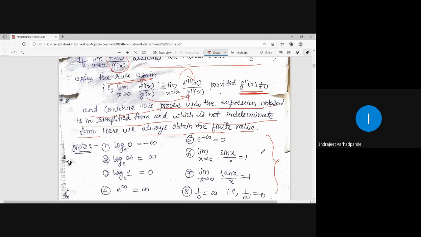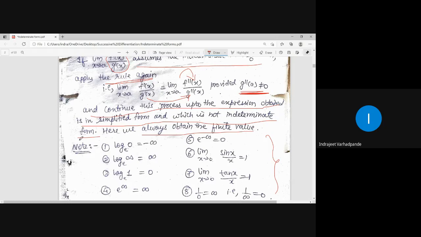Unless and until the final answer is achieved as a finite quantity, we cannot determine the solution. So in MCQ questions also, whatever is given, we will have to simplify and apply L'Hospital's rule.